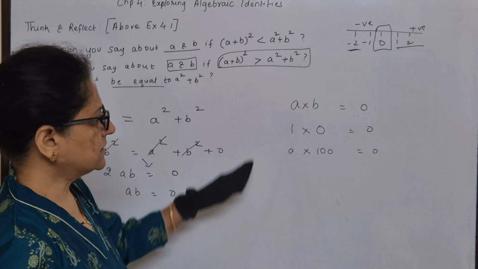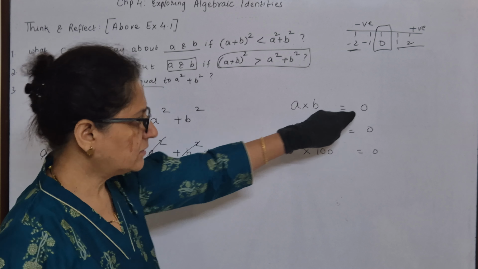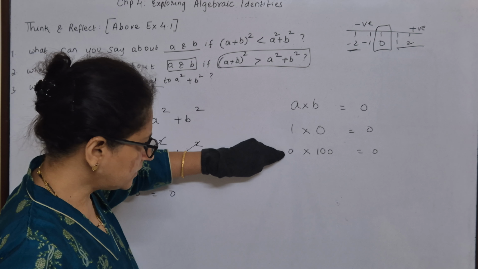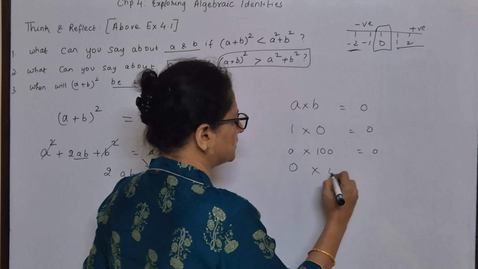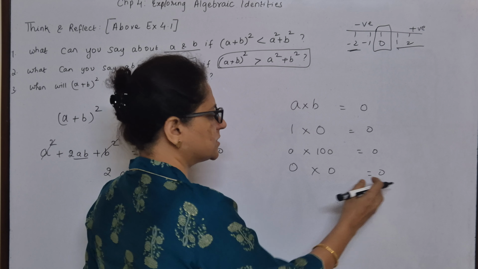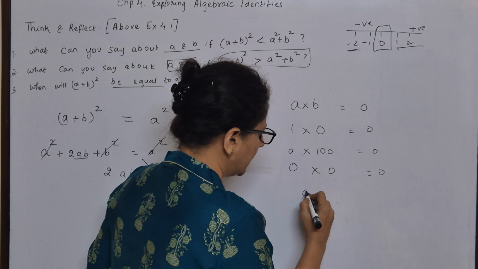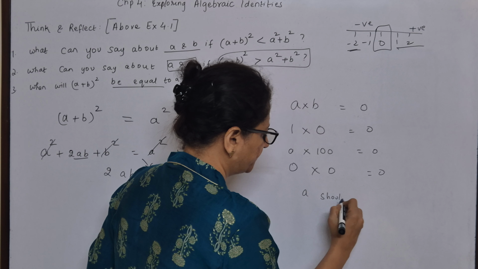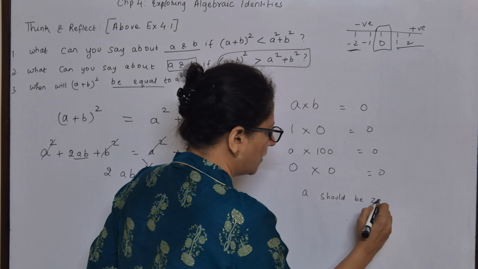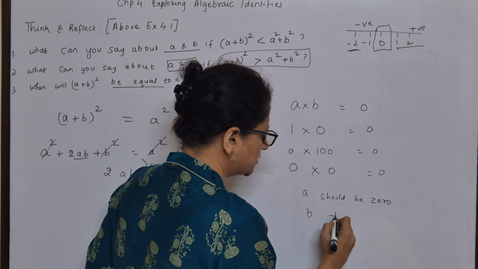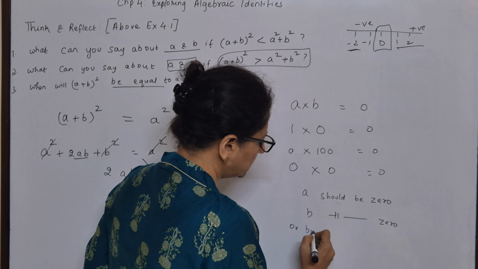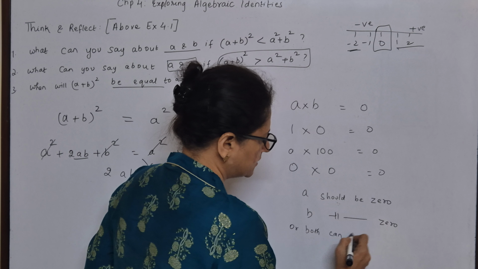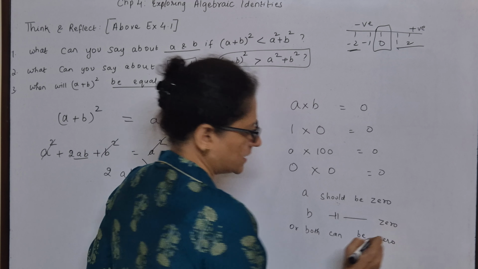That means we will get 0 when either A is 0 or B is 0, or both also can be 0, because 0 into 0 is also 0. So A should be 0 or B should be 0 or both can be 0. So this is your answer.